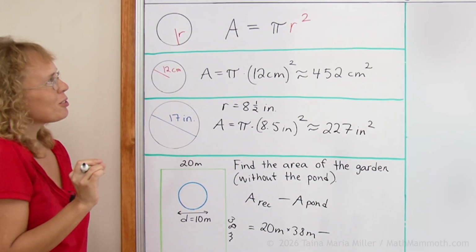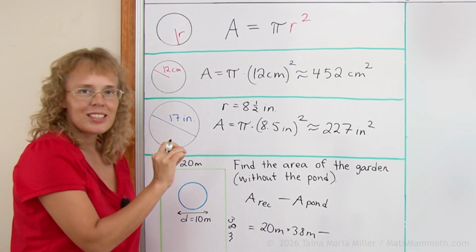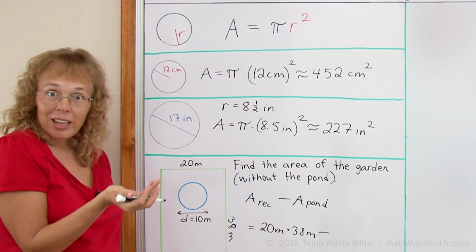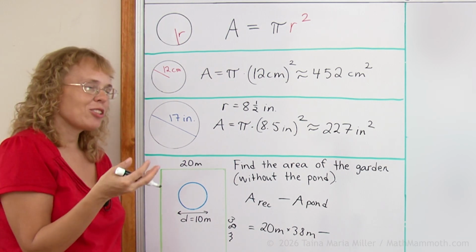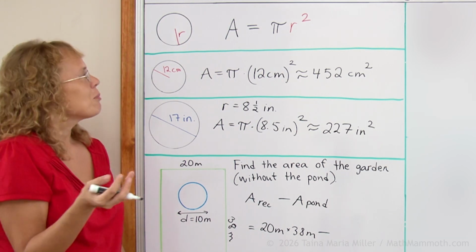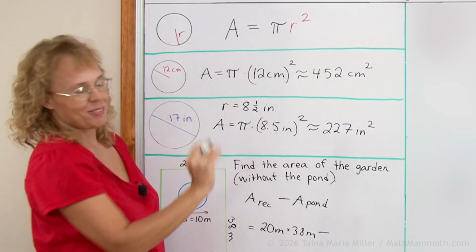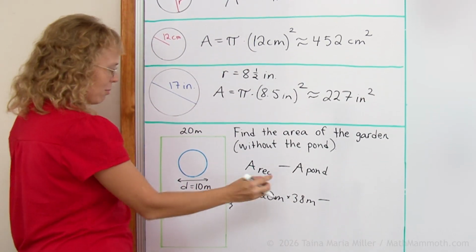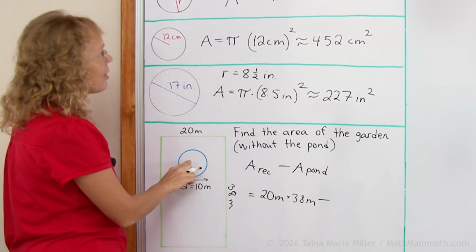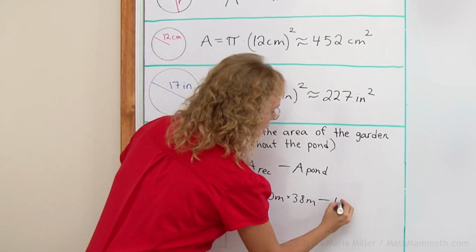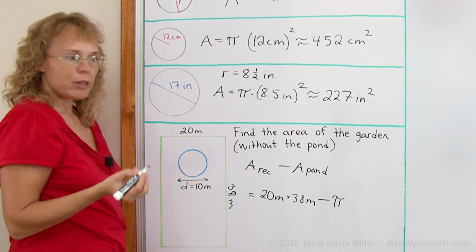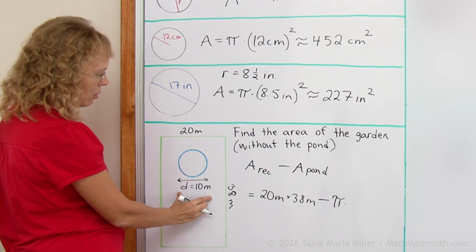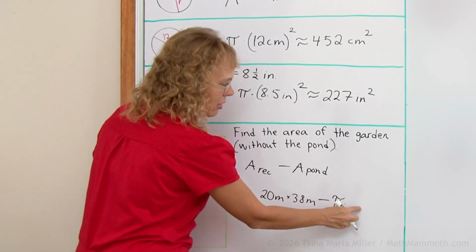Anyway, back to the pond. Its area would be pi times radius squared, and the radius is not given, so note it carefully. You cannot put 10 meters there.